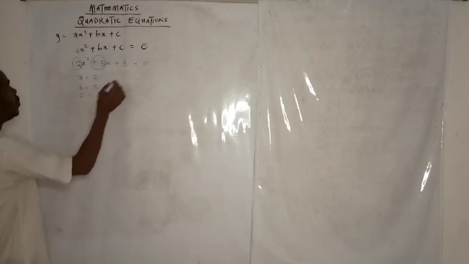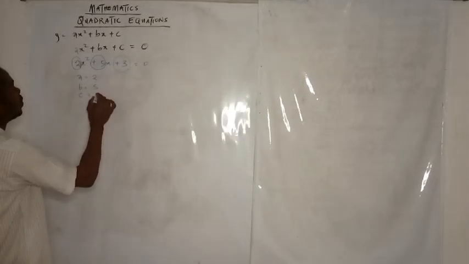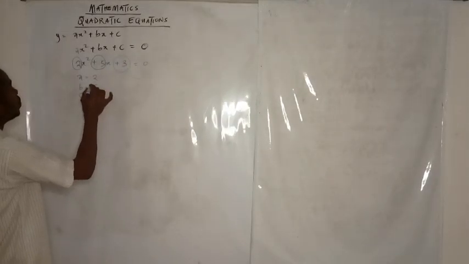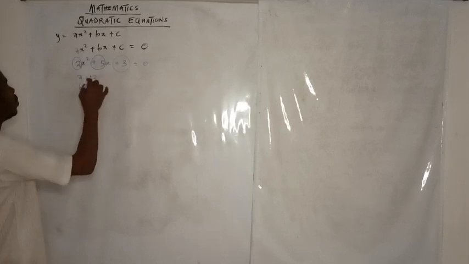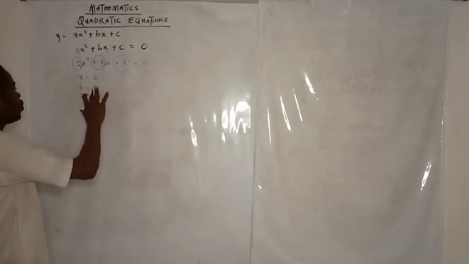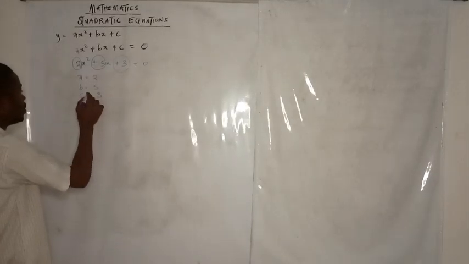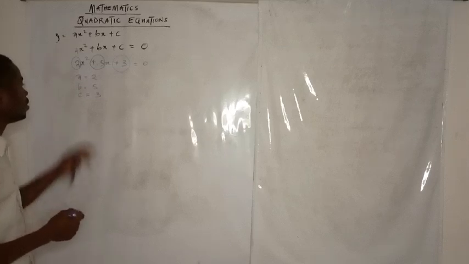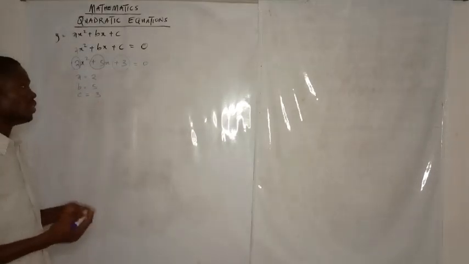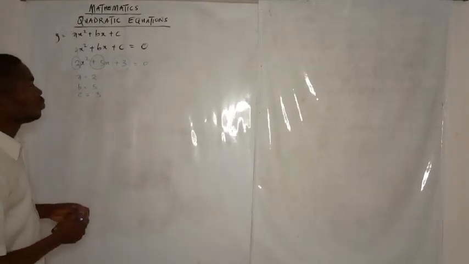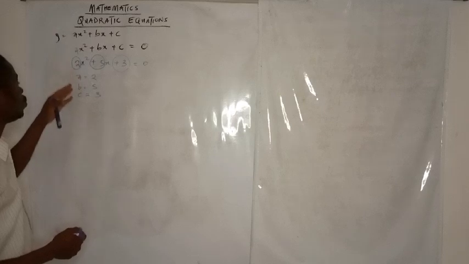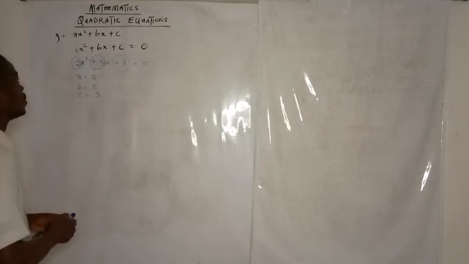And your c is equal to 3. I use plus to show that they are positive, or you can choose not to put the plus sign, but you know that 3 is a positive whole number. So you have your a, b, and c to be this. So this is an example of a quadratic equation.